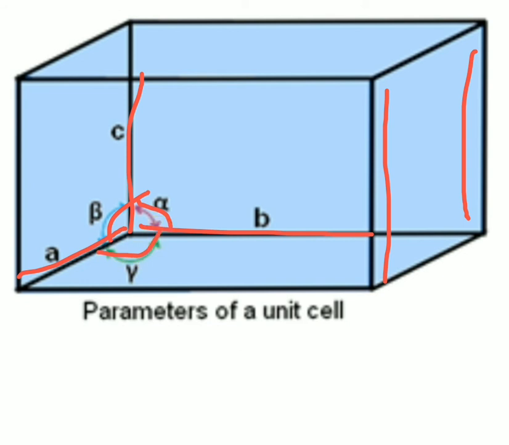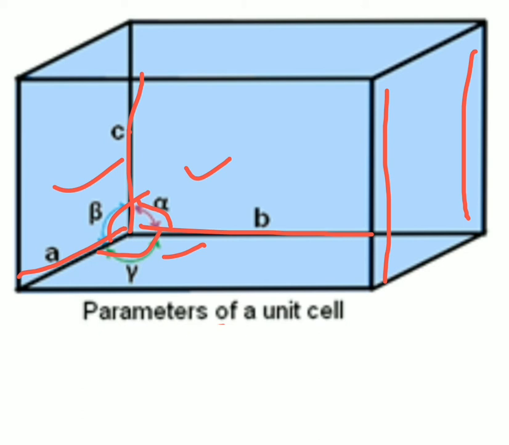Here are 6 parameters of a unit cell: a, b, c and alpha, beta and gamma. Due to the difference between these a, b, c and alpha, beta and gamma, various types of unit cells are generated.